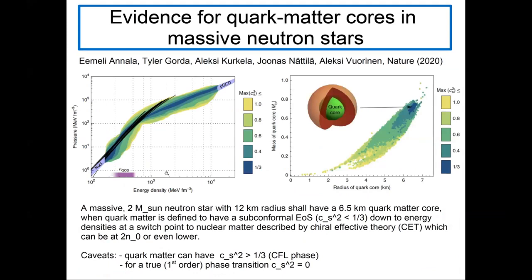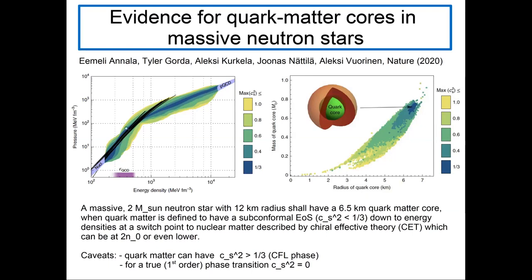Here on the left-hand side in the pressure versus energy density plane is the equation of state of perturbative QCD, where we seem to know what is going on on the basis of analytic calculations in QCD, but unfortunately this is at extremely high energy densities which are not present in compact stars. And on the other hand, we have a well-explored nuclear physics territory, and now the compact stars in between might help to interpolate between both.